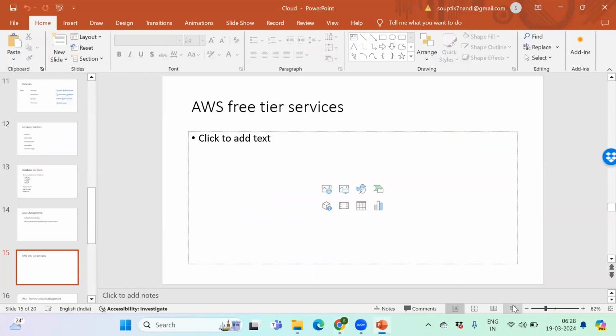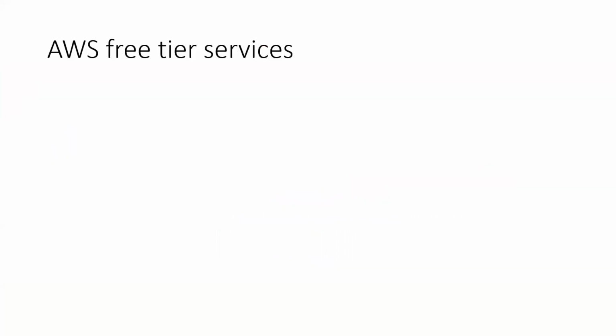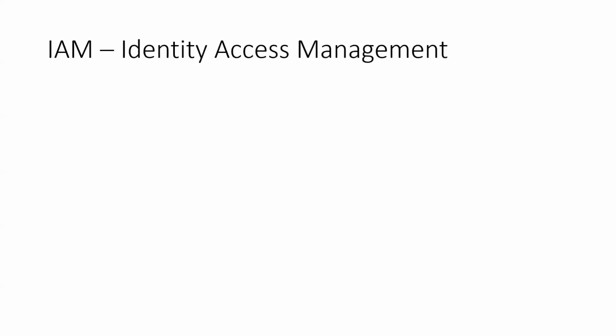If we are eager to launch our own account, we can avail the free tier services. But before that, please check what the free tier services are, how much I can utilize, and see it directly in the free tier services.